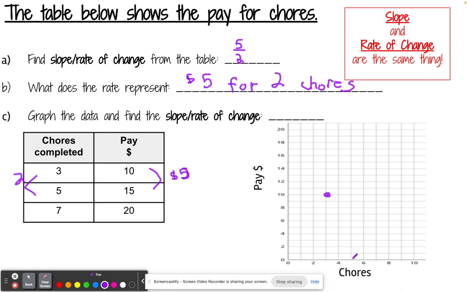For 5 chores, I get paid $15. And then for 7 chores, I get paid $20. Again, I could connect my dots. You should get a nice straight line.